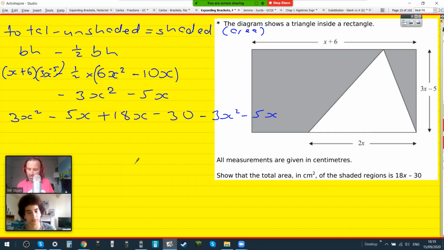So we have 3x squared minus 3x squared is 0. 5x minus 5x is 0. They're both minus. Oh, minus 5x minus 5x is minus 10x.